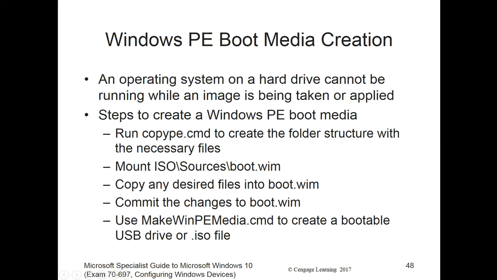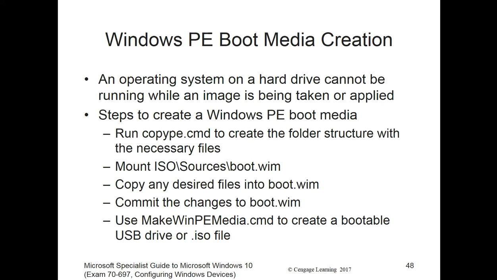An operating system on a hard drive cannot be running while an image is being taken or applied. We can't have the OS running while we're either applying an image or taking that snapshot.